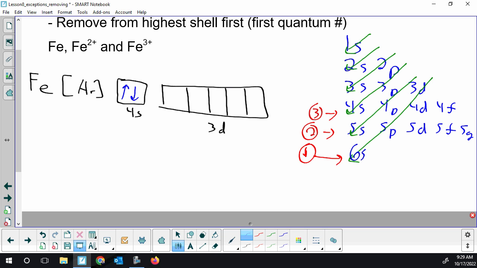So I've got 6 of them. I can't really do that. I'm not supposed to go up and then down right away. I'm supposed to go all up. So that's 1, 2, 3, 4, 5. And I got 1 more, so I have to do a spin down. So that's our atom.